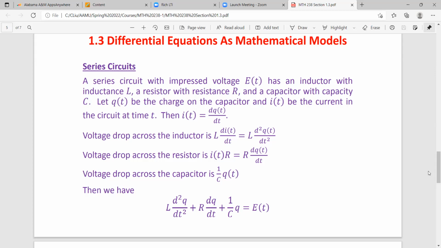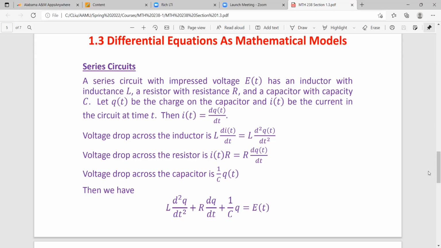All right. So that's the inductor, and then the voltage drop across the resistor is just the current times the resistance. Again, you plug in dq over dt for the current I, you get R times dq over dt. Lastly, the voltage drop across the capacitor is just Q over C, charge over the capacity. So then you just add all those voltage drops.